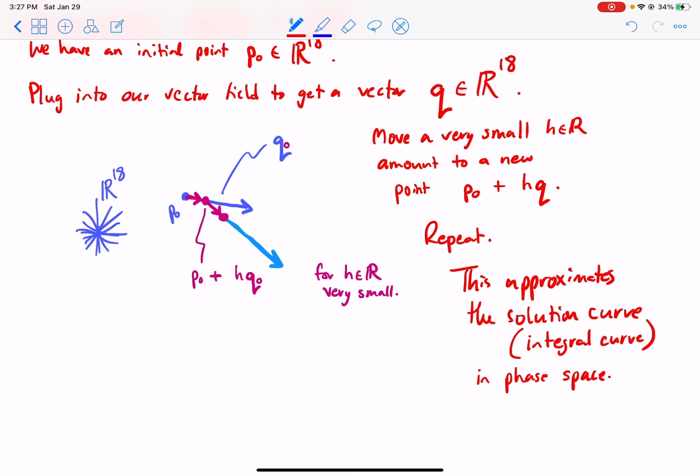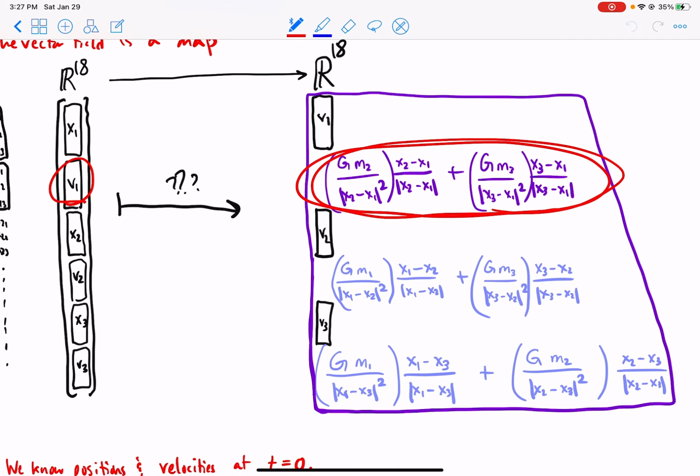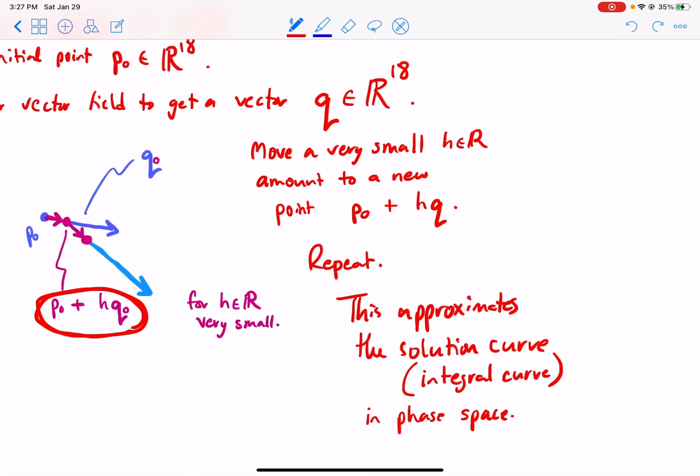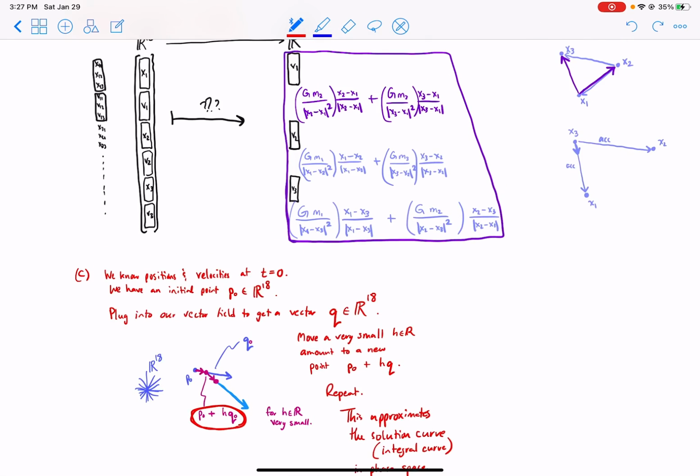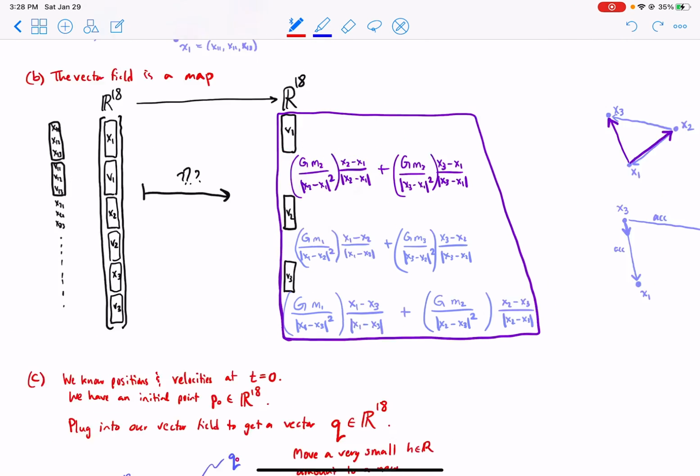Okay? So, what is this new point? This new point has the new positions of the Earth, Moon, and ship. It also has the new velocities of the Earth, Moon, and ship. Every velocity previously got updated by this rule. And because we moved a very, very small amount, this derivative, this vector field, this differential information is pretty accurate.